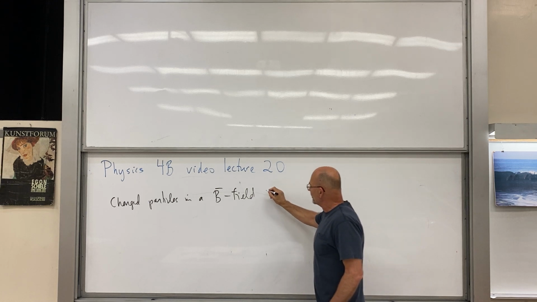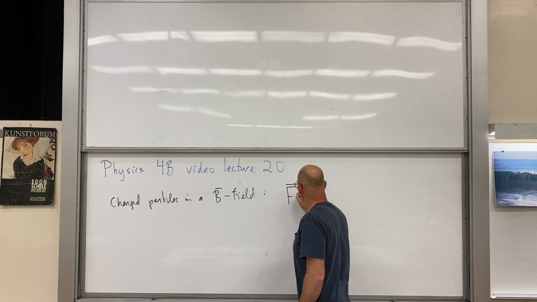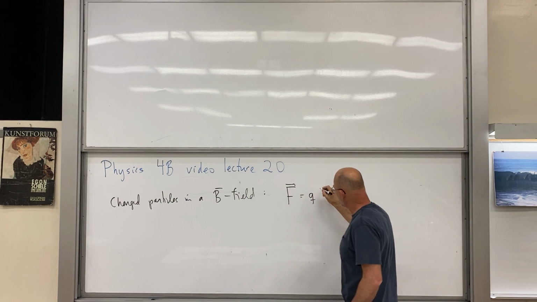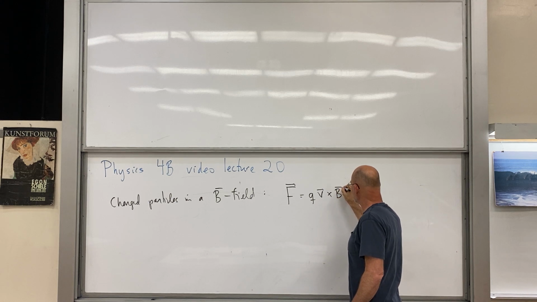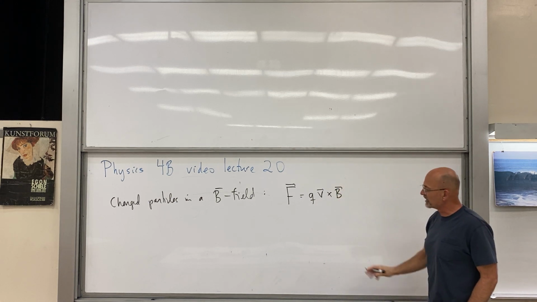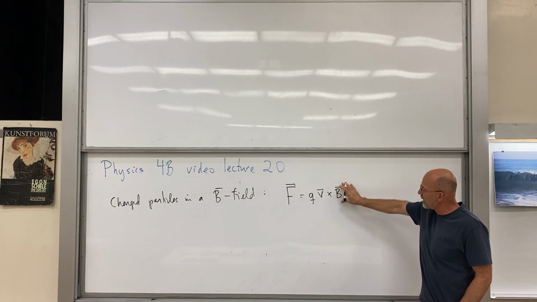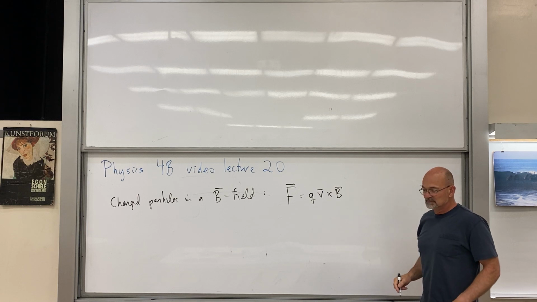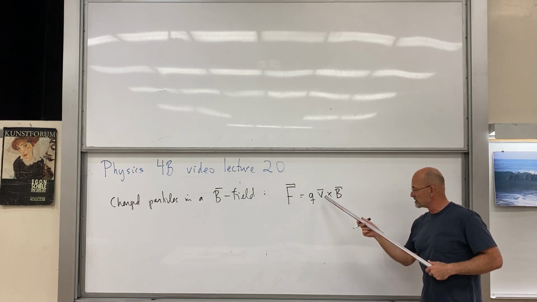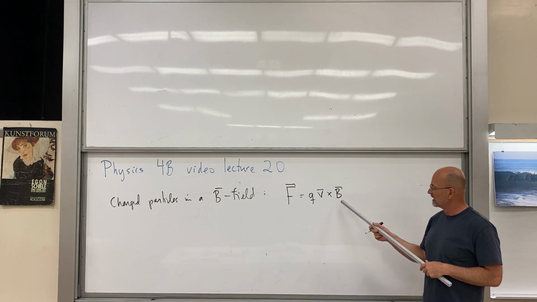And what we had was the force law, sometimes referred to as the Lorentz force. It's the charge times the velocity cross the B field. So that's a pretty complicated force law, and in particular you have to know the properties of this vector product V cross B. And then you see that if the charge is at rest, there's no force, which is kind of interesting.